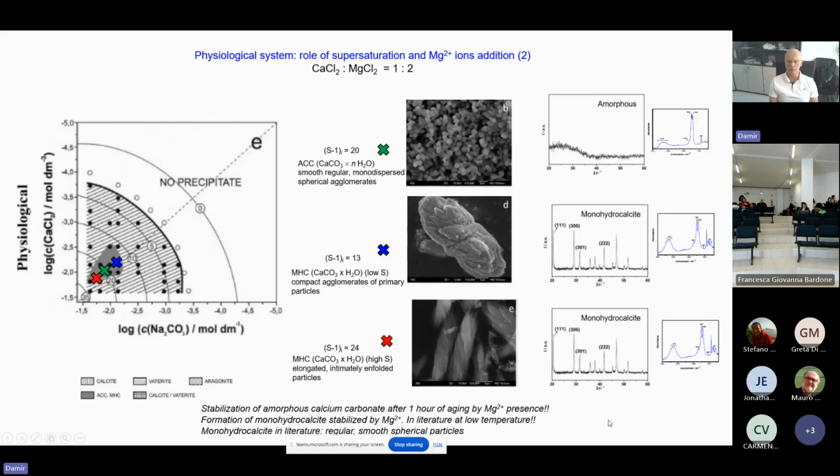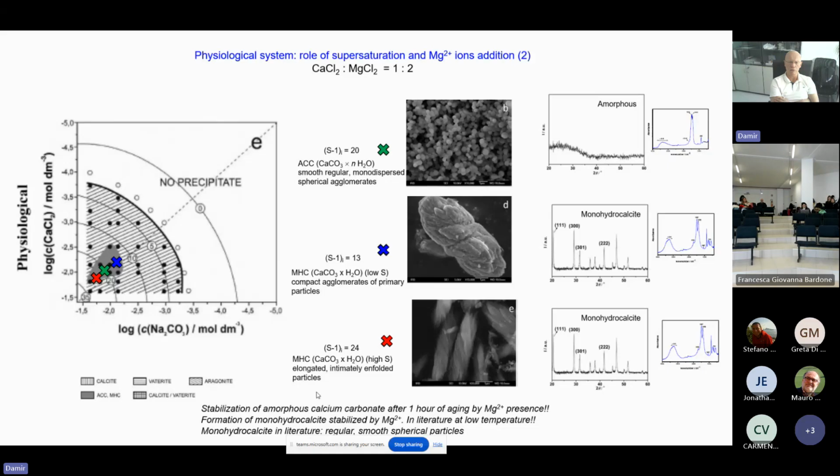What we conclude from these experiments is that the stabilization of the amorphous phase is prolonged. So we have the amorphous phase stable even after 1 hour. It is actually surprising. We also observed formation of monohydrocalcite, which was obviously stabilized by magnesium. Actually, in the literature, we didn't find data that monohydrocalcite can be stabilized by the presence of magnesium.